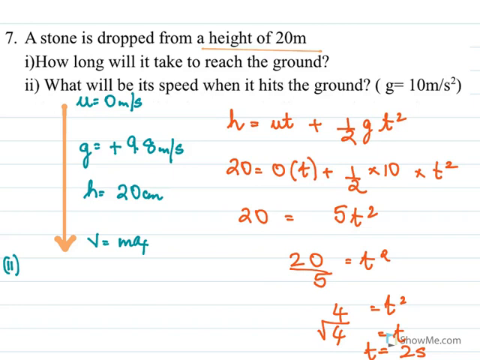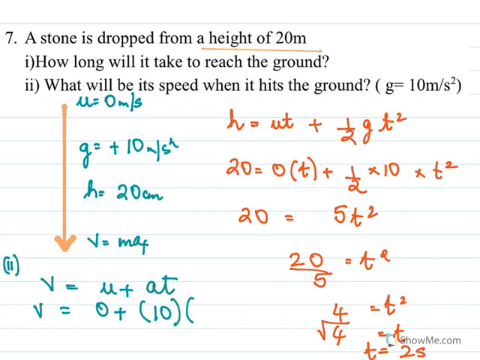For the second part, we have to find its final velocity. So we do v equal to u plus at. V is the final. U we know is 0. We know the a is 10. They've asked us to take it as 10 meter per second square.